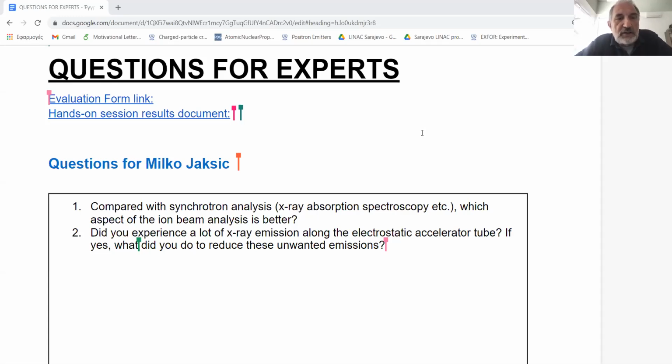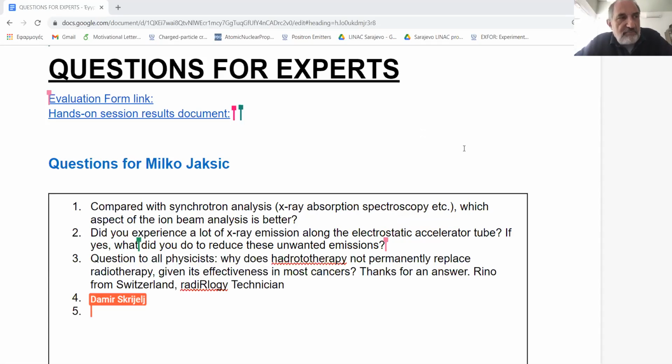Did you experience a lot of X-ray emission along the accelerator tube? Well, the first set of tubes we had a long time ago were classical accelerator tubes, and they had extremely high radiation of X-rays because of the electron acceleration. But 20 years ago, we acquired so-called inclined field tubes, which prevent electrons from traveling.